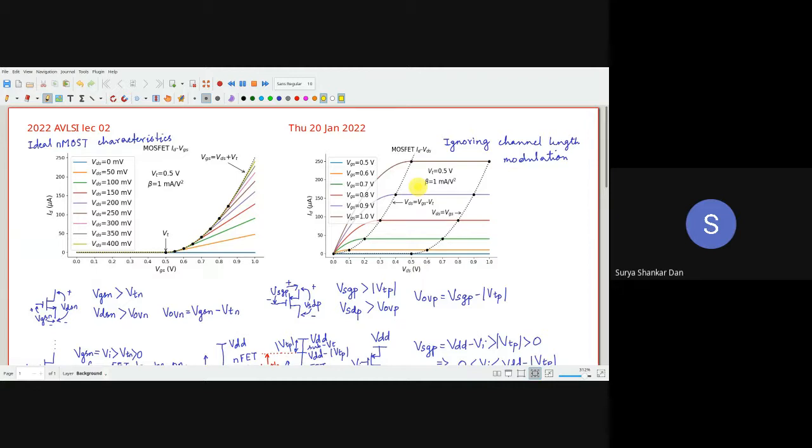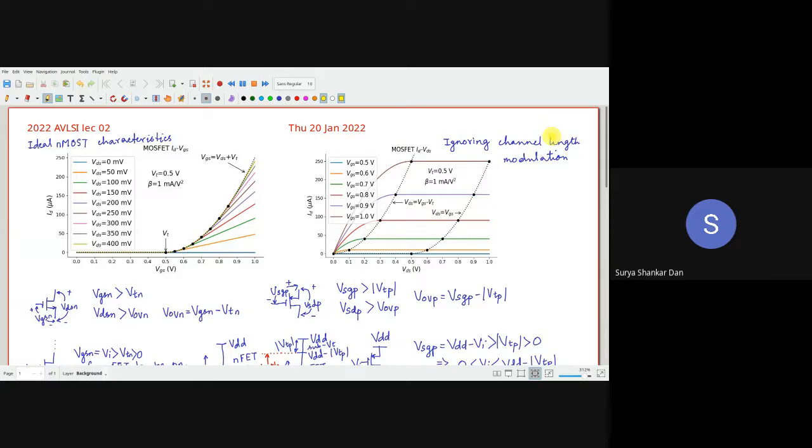In our previous course on PMMD we had discussed the influences of scaling on the device behavior. In this course we will look into the effects of scaling on the circuit behavior. This is, however, not a question of scaling, but scaling has a huge impetus on this. Notice I have written that I have ignored the channel length modulation.